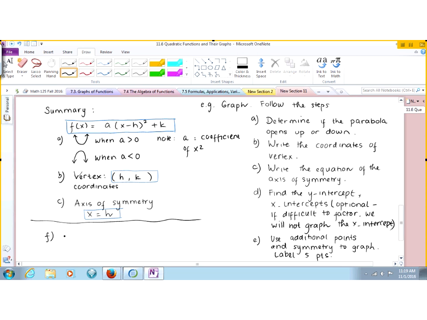Oh, let me put the F here. F, determine the maximum or minimum function value, which is the y coordinate of the vertex.